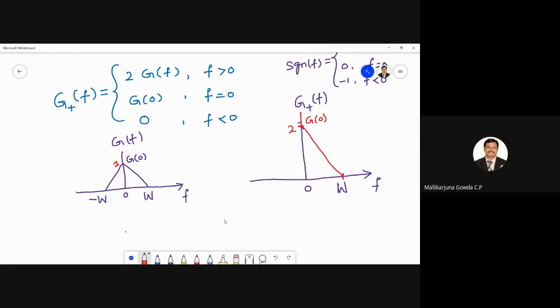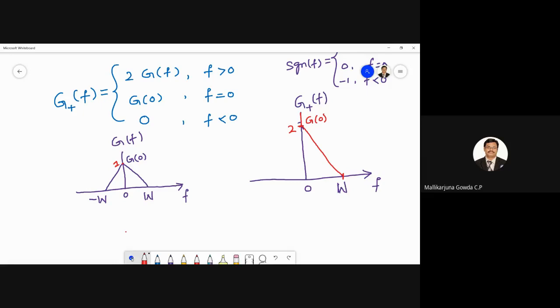So in frequency domain, G plus of f will be equal to 2 into G of f for f greater than 0, and it becomes 0 for f less than 0. This means that by finding the pre-envelope of the signal g of t for positive frequencies, I will be able to remove some portion of the signal, that is, the negative frequency component of the signal.